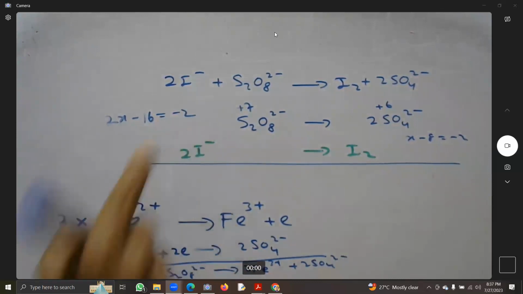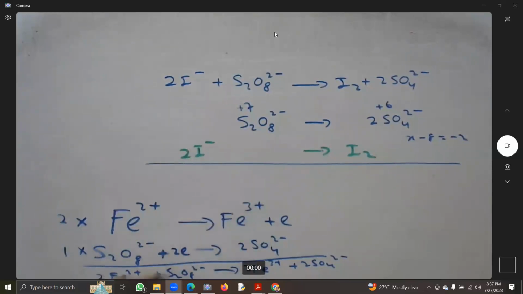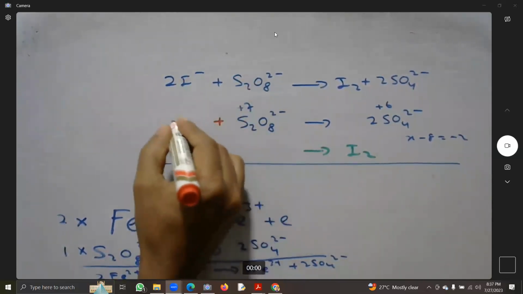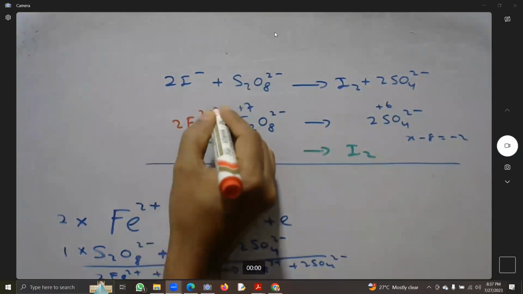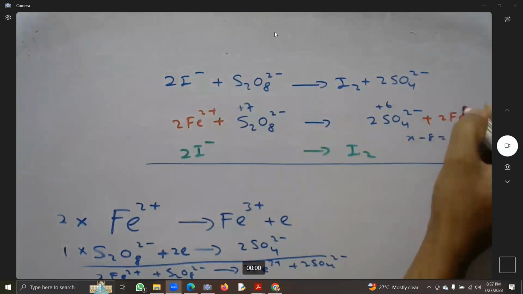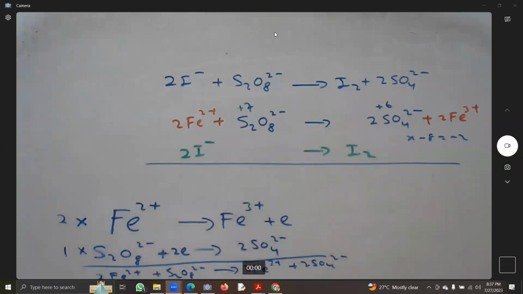We got that equation, we put it there. In other words, we got the Fe part only. See? Fe was balanced and we got it. So I know now this part should be written as I must have 2 Fe2 plus on this side, and I must have 2 Fe3 plus on this side. Then later we'll fill this. Copy this part for the moment. I'm teaching you the S level there.